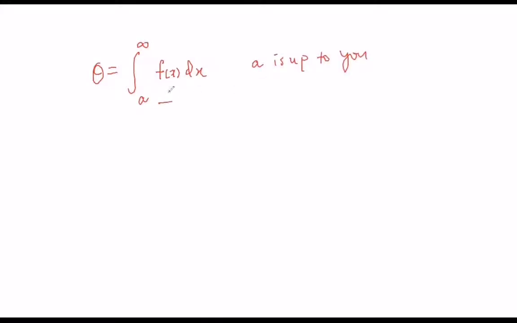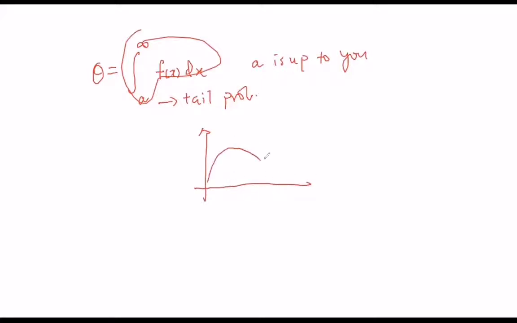So this is what we call a tail, right? This whole thing is called a tail probability, because it involves some function. You want to find the tail, right? You're not interested in this part, but you're interested in the tail, okay? So what A should be is entirely up to you.